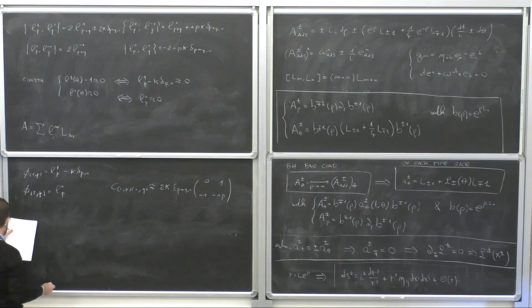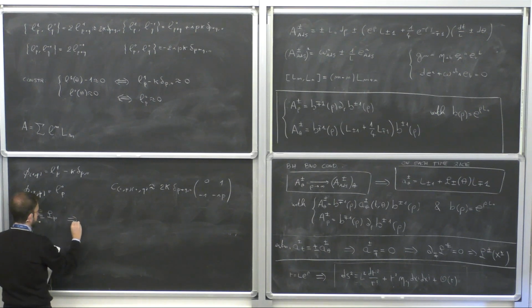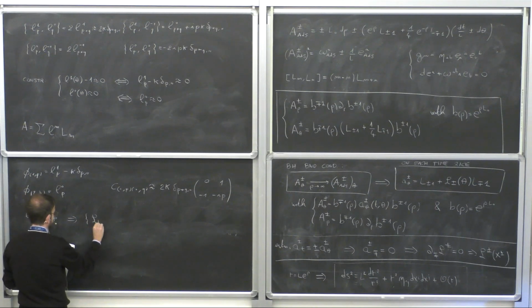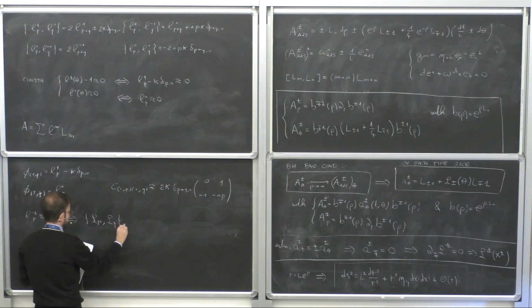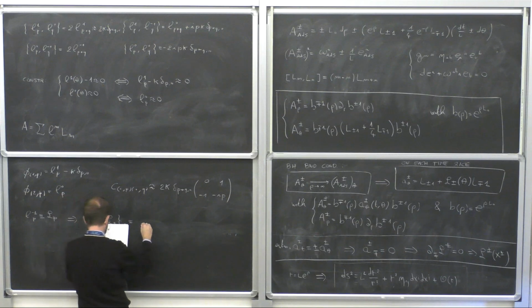So I compute the Dirac bracket, and then I introduce, just for simplicity or to comply with the standard notation, this kind of notation, since the only variable that remains is L P. And if I compute the Dirac bracket of these modes, what I find is the following.